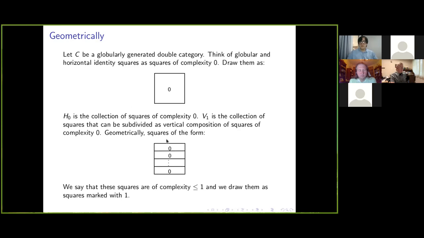We denote these squares by marking them with a 1. So these are squares that are not totally trivial, but that we can decompose into vertical compositions of trivial squares. We're including squares of complexity 0 in here, so that's why we have the less than or equal. We can say these are squares of complexity 1.